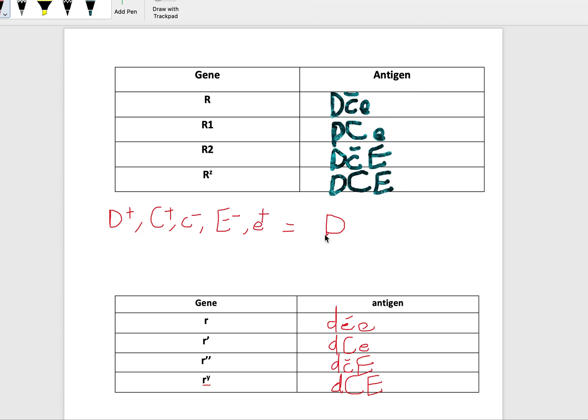So the phenotyping is D, C capital, and E small. Then you have to write it in the genotype. It will be as it is D, that means R capital. Then position 1 is positive, so R1. Because they are paired from 2 parents, it will be R1, R1.